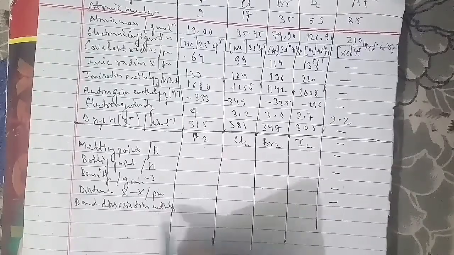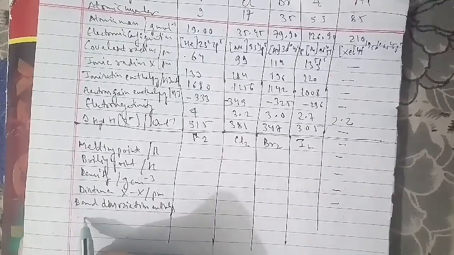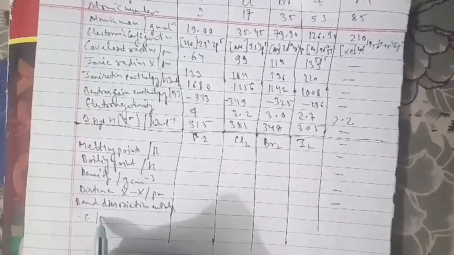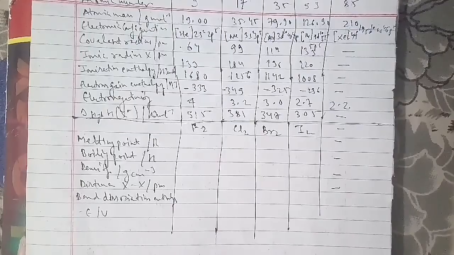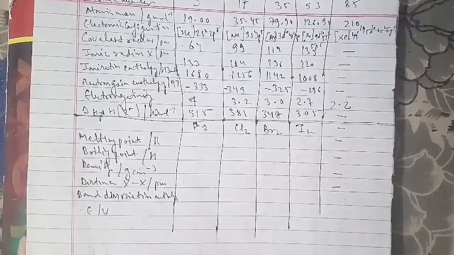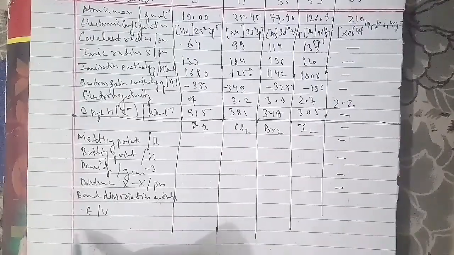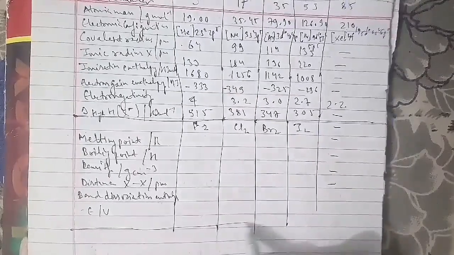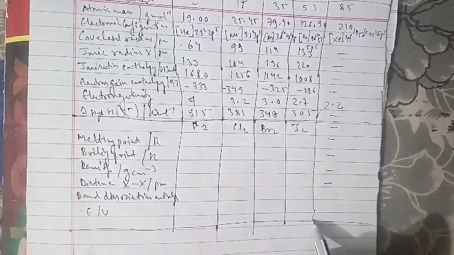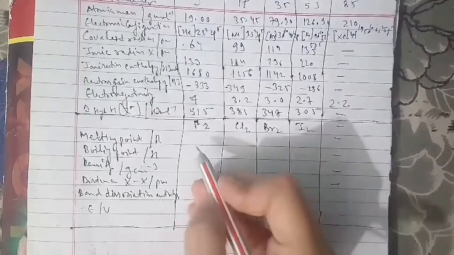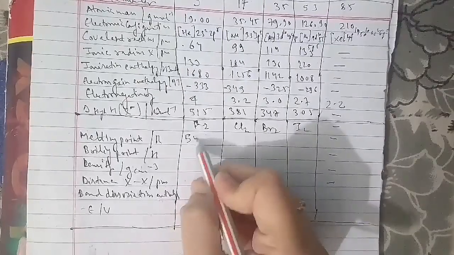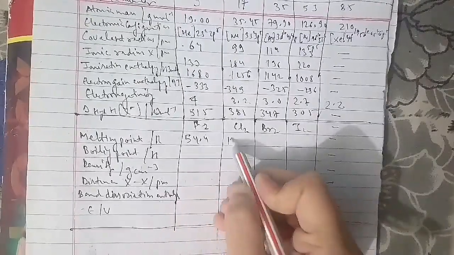For the melting point, for the F2 molecule we have 54.4, 172.0, 265.8, 386.6. The boiling point is 84.9, 239.0, 332.5, 458.2, and a dash as I told you.